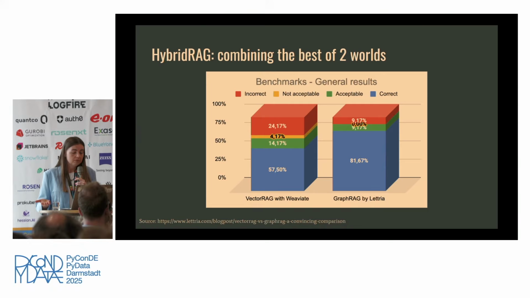And if we combine correct and acceptable answers together, it's even more, like 90% for a hybrid RAG. And this was a human-evaluated benchmark across law, industry, and finance data sets.